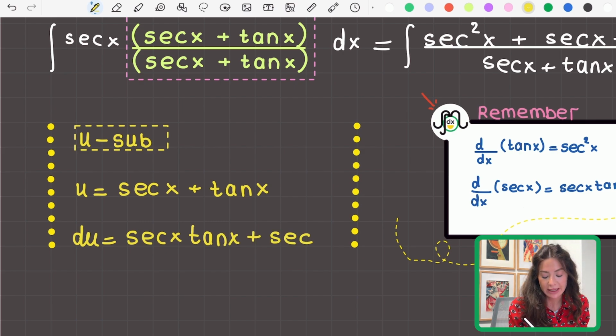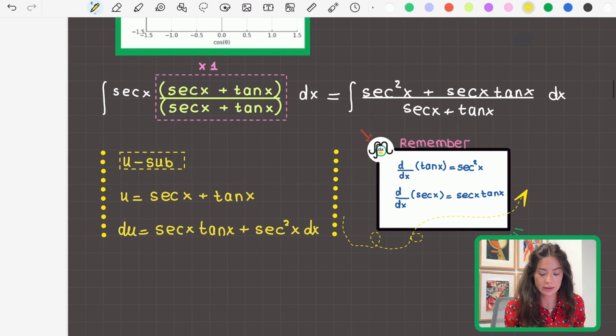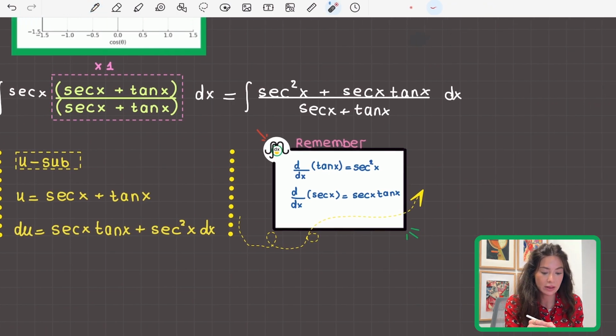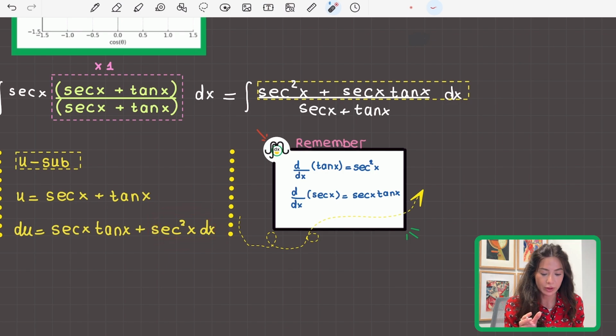Don't forget the dx, because how else are you going to take the integral? You need dx or du. So this whole thing ended up in a slightly different order, but it's secant x tangent x plus secant squared x. It doesn't matter because there's a plus here, and remember, 5 plus 6 is the same as 6 plus 5.